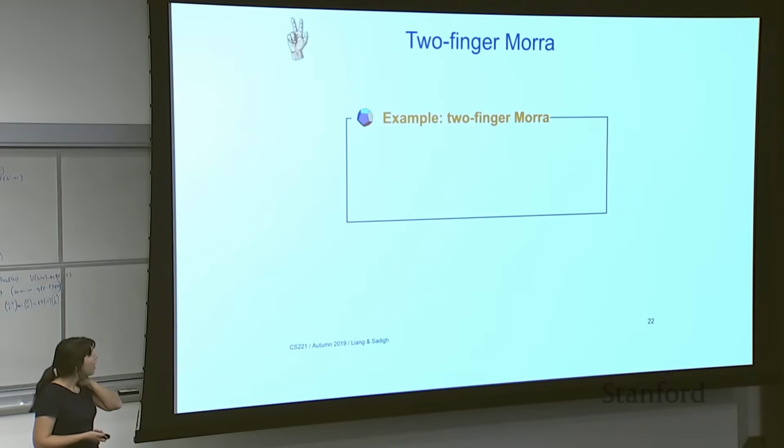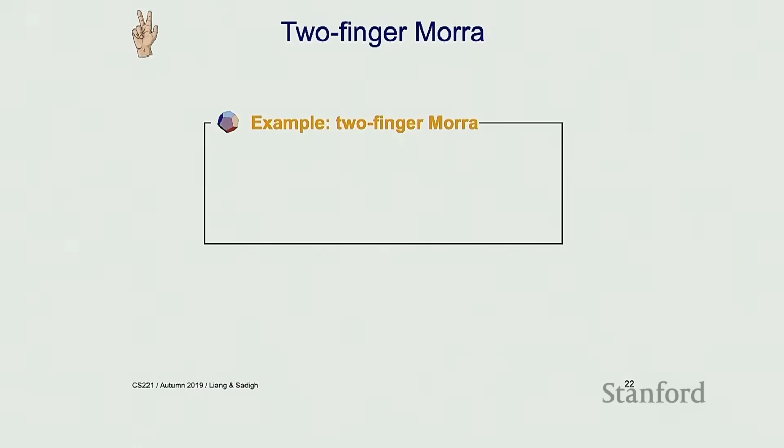Let's start with a game that is a simplified version of rock, paper, scissors. This is called a two-finger Mora game. We have two players, player A and player B, and each player is going to show either one finger or two fingers, playing at the same time.